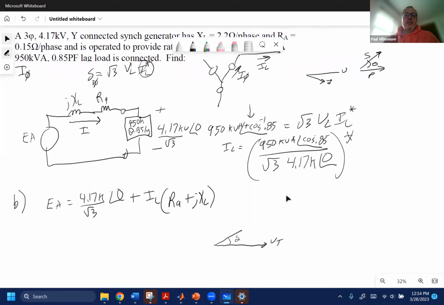With a lagging power factor we have our power triangle right here. So what's the direction of power? If P is positive and it's a generator, it's out. Is Q a positive number? Not a hard question. It's positive, isn't it?